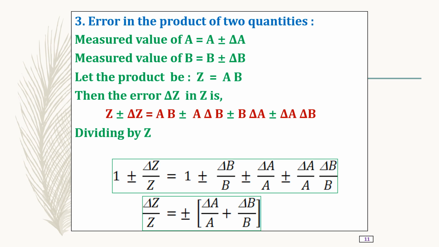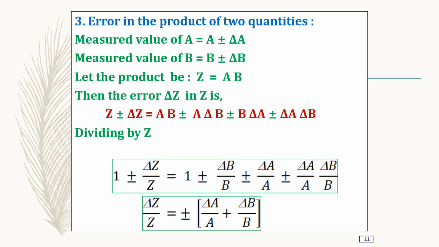As usual, the measured value of A is A plus or minus delta A, and the measured value of B is B plus or minus delta B. Then the error delta Z in Z is Z plus or minus delta Z equal to AB plus or minus A times delta B plus or minus B times delta A plus or minus delta A delta B. Now divide throughout by Z. So we get 1 plus or minus delta Z by Z on the left hand side, and on the right hand side, AB is Z, so Z by Z once again gives 1.